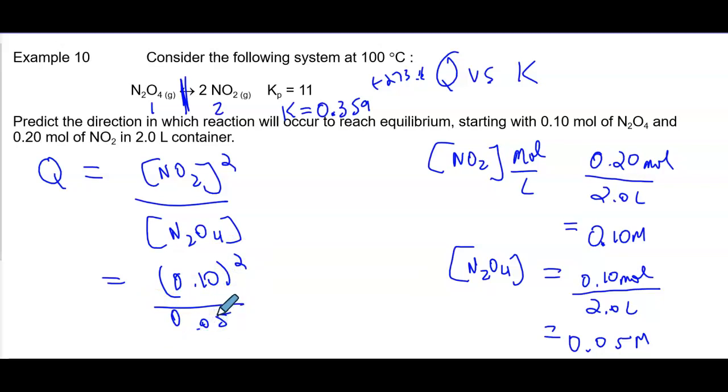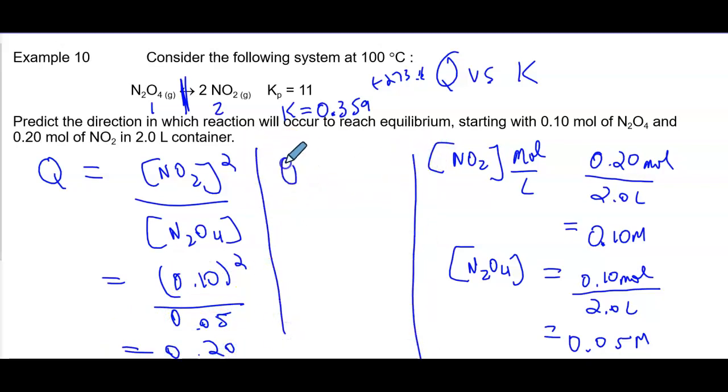So 0.1 squared divided by 0.05, and I get this to be 0.20. So then we're going to be able to look at now Q versus K. So Q was 0.20. We know K was 0.359. So then we know this sign would go here.